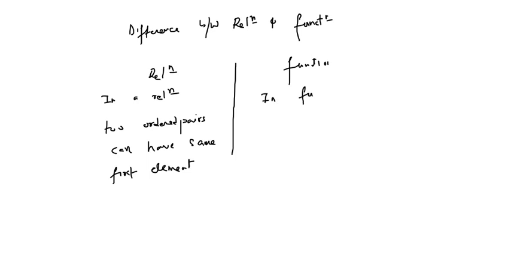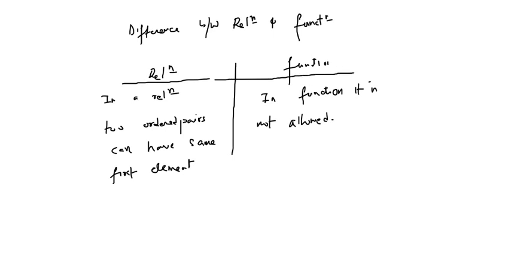In a function it is not allowed. This is the fundamental definition you must know. This is the most basic, most rudimentary difference. So whenever you come back here for some more conceptual and hard definitions, always look back to this. This will help to build your concept. Okay.